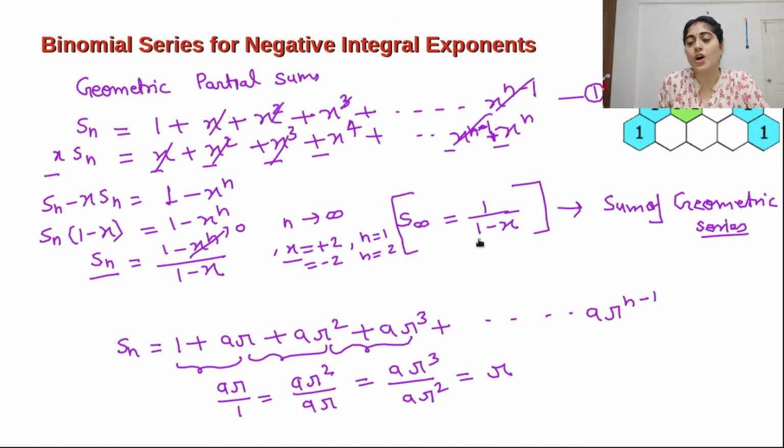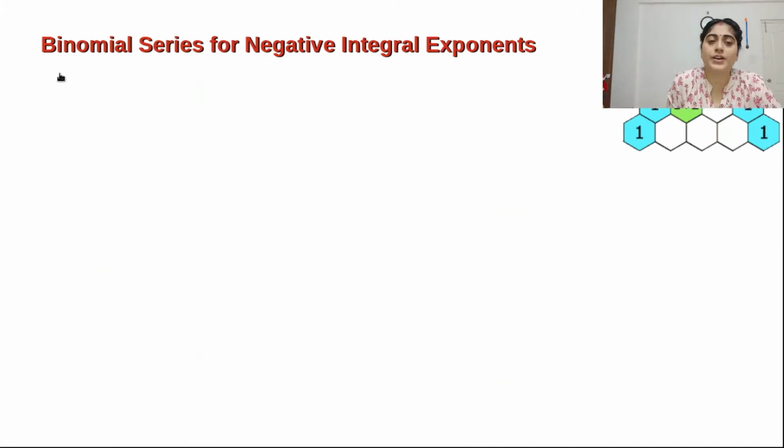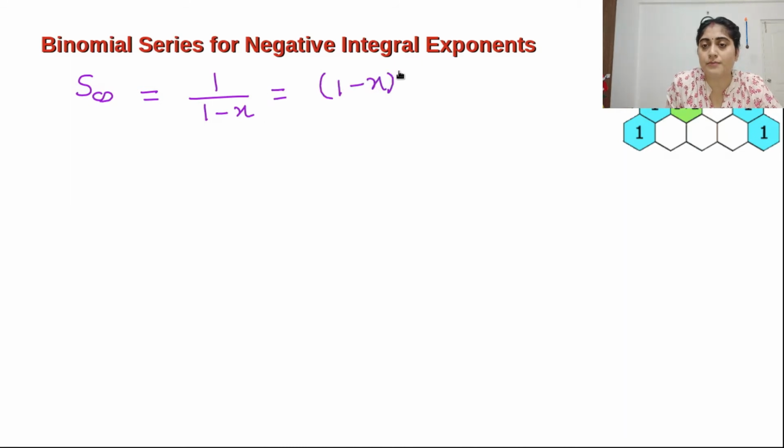So how do the terms look? It will be 1 minus x to the power of minus 1. We can write it in this way. When infinite terms are there, the summation of these infinite terms will be 1 minus x to the power of minus 1.